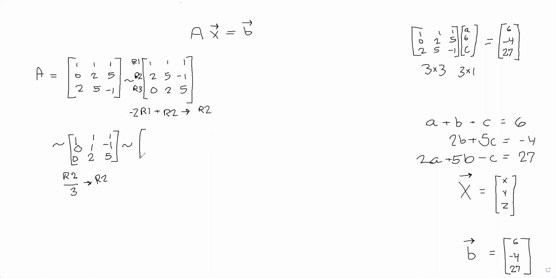So how do we turn the second element in the first row into a 0? So I think the best way to do that would be to take the entire second row and then subtract it from the first row. Or we can also think of it as doing -1 times the second row plus the first row gets added to the first row.